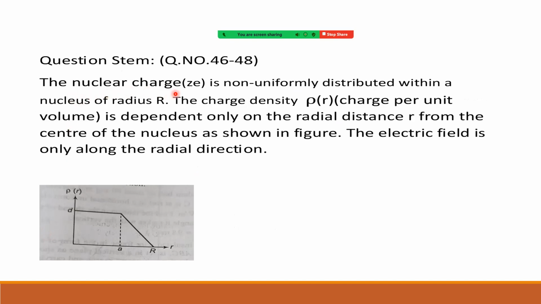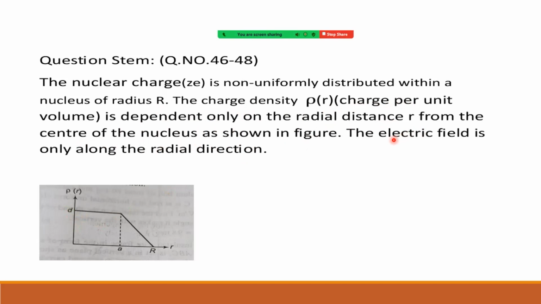The nuclear charge Z is non-uniformly distributed within a nucleus of radius r. The charge density rho of r, which is given as charge per unit volume, is dependent only on the radial distance r from the center of the nucleus as shown in the figure. We can see the diagram here.